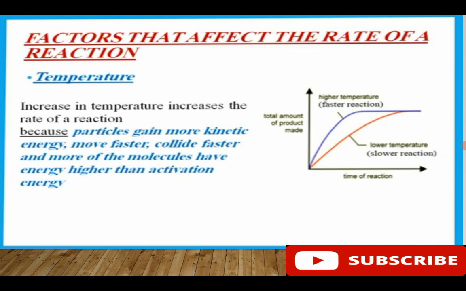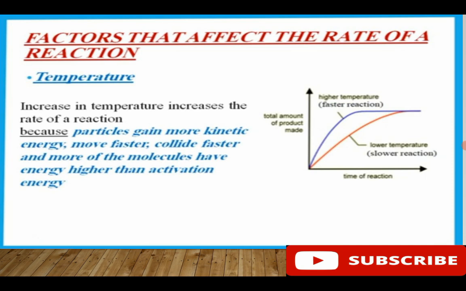Remember, kinetic energy is energy of movement of particles. So because the particles gain kinetic energy, they move faster. And because they move faster, they are going to collide faster as well. And more of the molecules have energy higher than the activation energy. As a result, the chemical reaction is going to speed up.